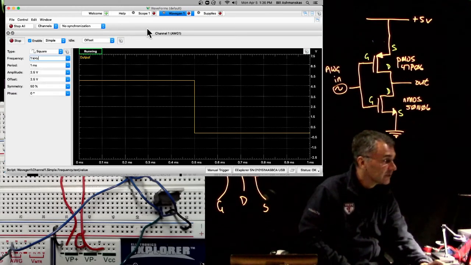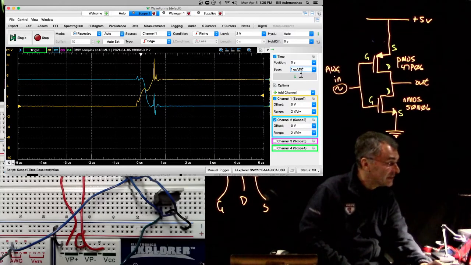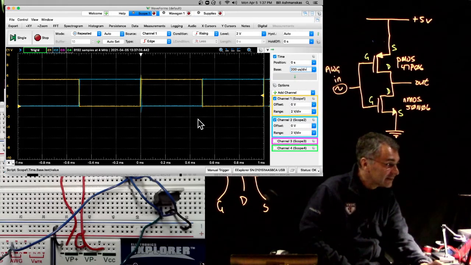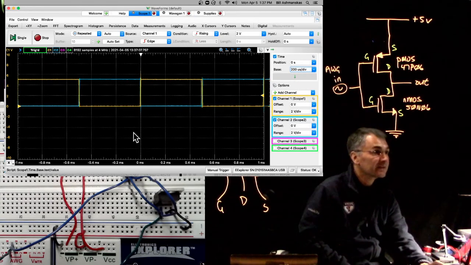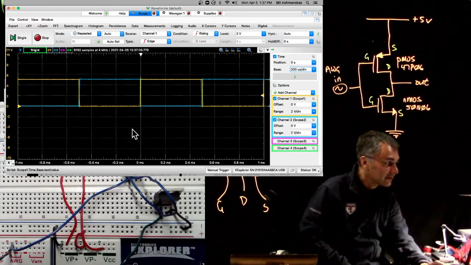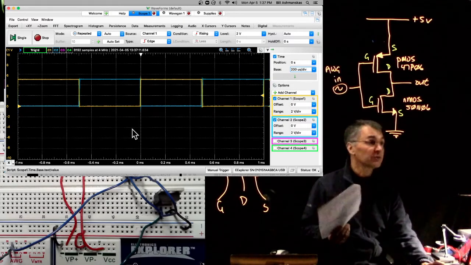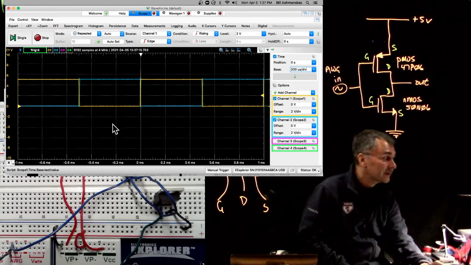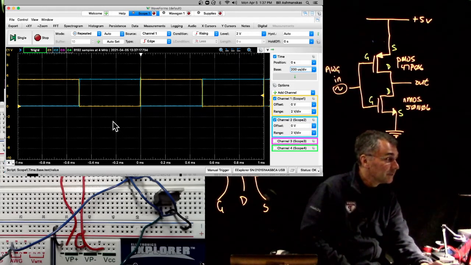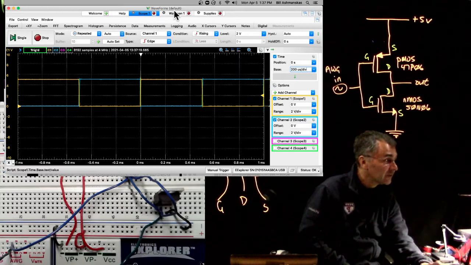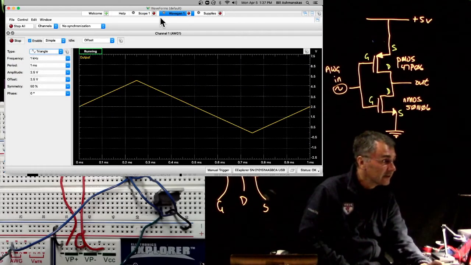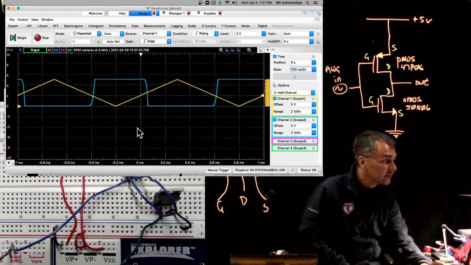That's something that we were told to do and we didn't do. Okay, so there it is at 1 kilohertz. Let's change this square to a triangle. And then let's take a look.